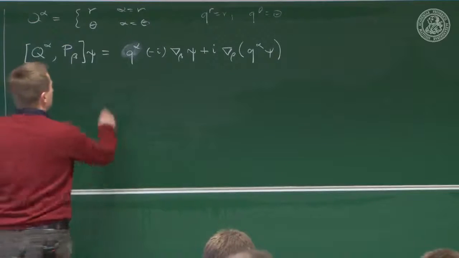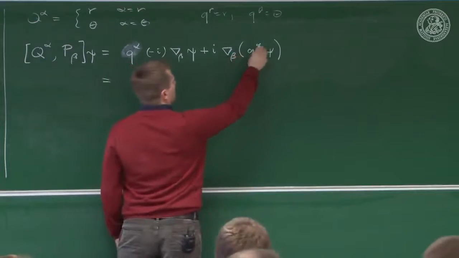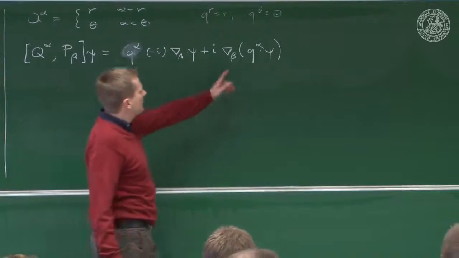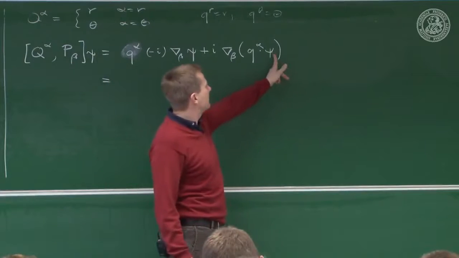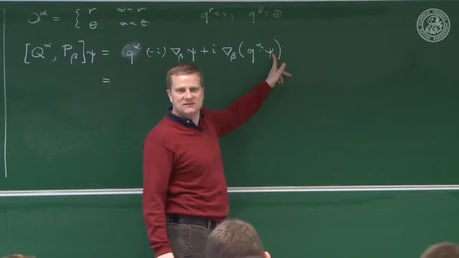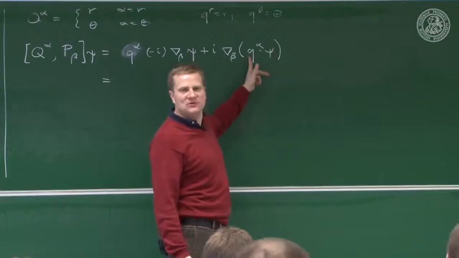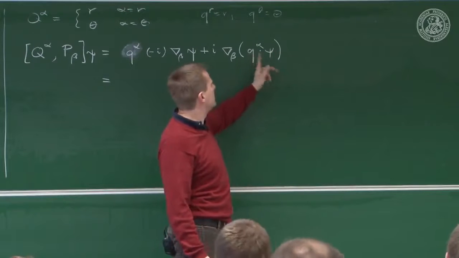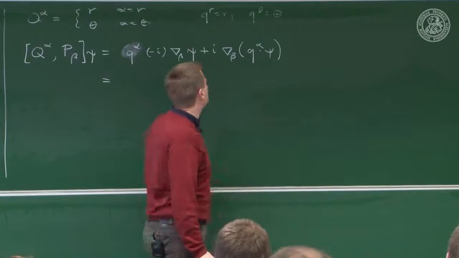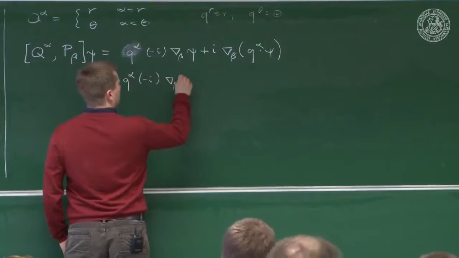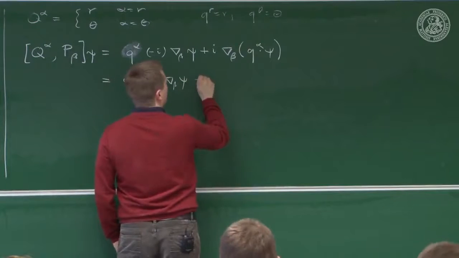Okay? So now the question is, what happens here? Well, this is a tensor product, but careful. This is, if you want, a vector, because its values are in the bundle, in the fiber, right? But this is a function. And that's the point. Nevertheless, that doesn't free us from the Leibniz rule. So minus i del beta psi plus i.